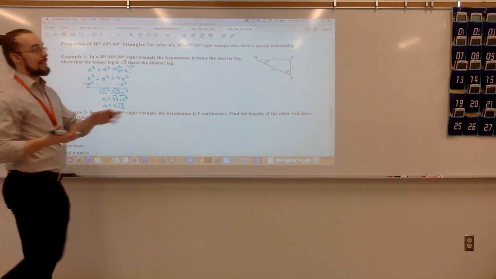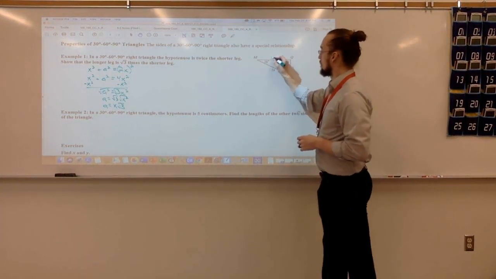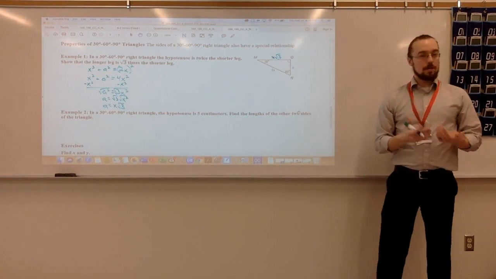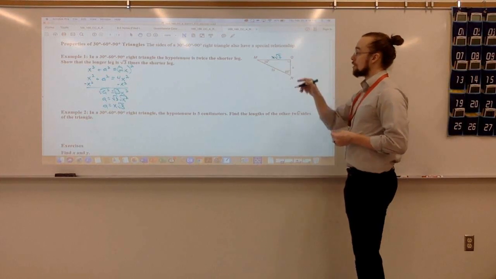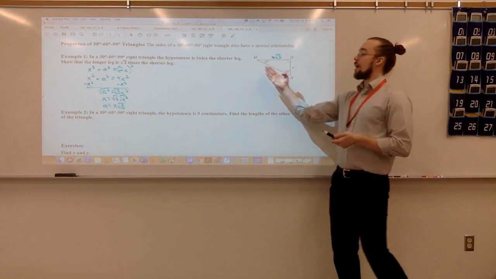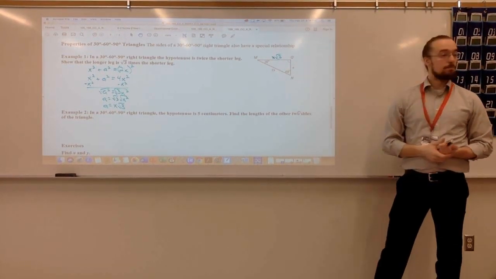So this is the relationship that we're going to look at for 30, 60, 90. If we know that the shorter leg, which is the one opposite 30 degrees, is x, the other leg is that shorter leg times the square root of 3, and the hypotenuse is just exactly double the shorter leg.